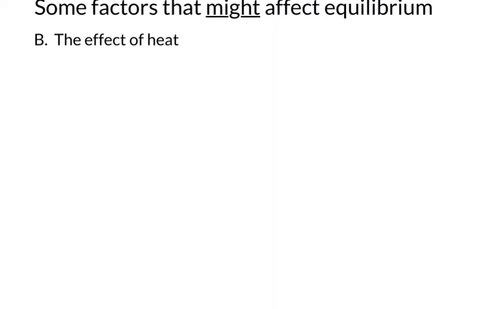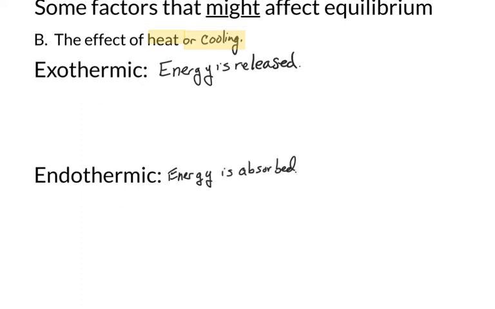Let's start with temperature, and for that we're going to look at the effect of heat. Specifically, we're going to look at the heating of a solution, but we could also look at the cooling of a system. What is particularly challenging about looking at the effect of heat or raising the temperature is that the final effect on the equilibrium will be dependent upon whether we have an exothermic reaction or an endothermic reaction.